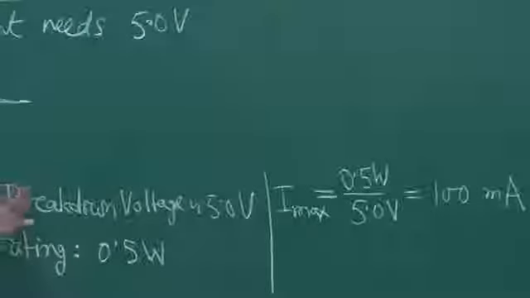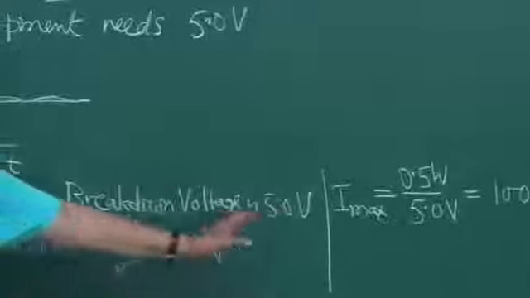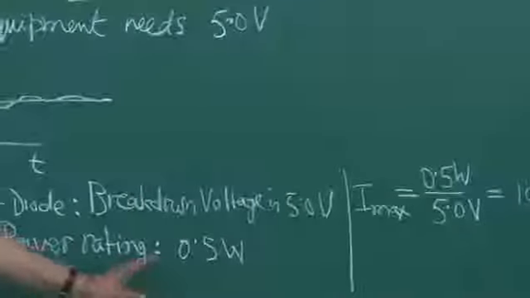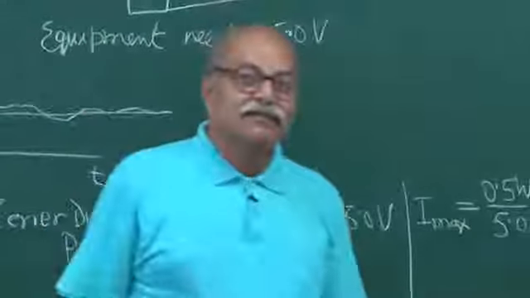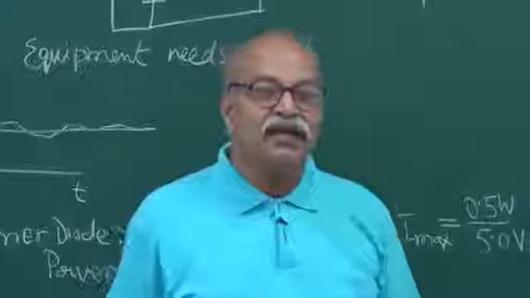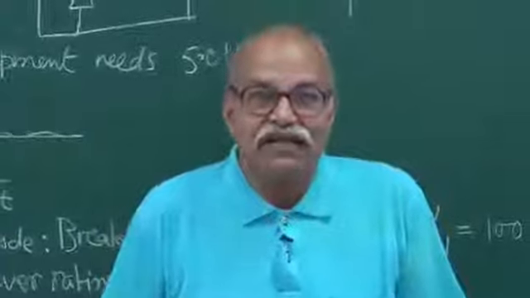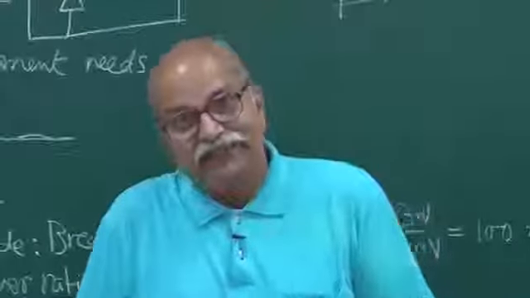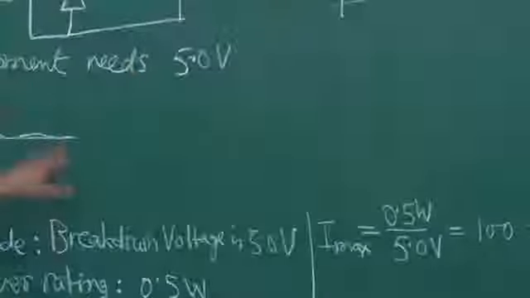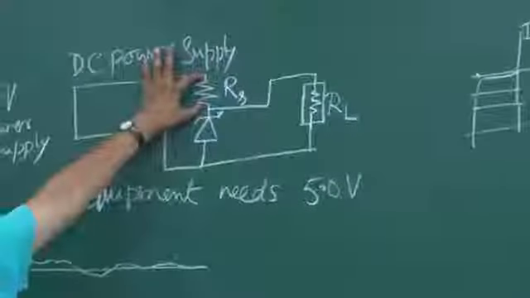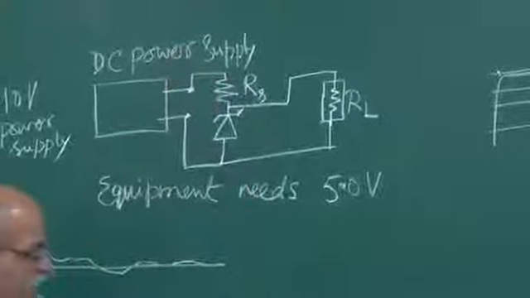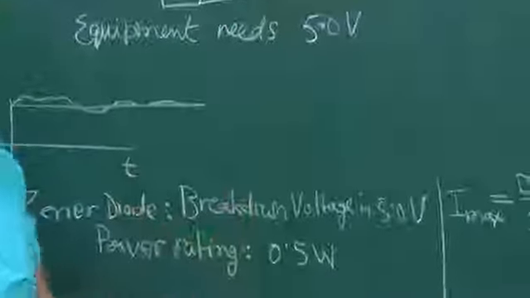So if the breakdown voltage is 5.0 volt and power rating is 0.5 watt, then you are requested not to send more than 100 milliampere current in this Zener. So this resistance RS is put to ensure that the current is not more than 100 milliampere.